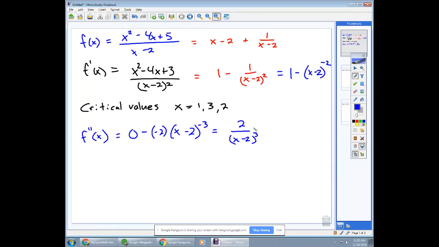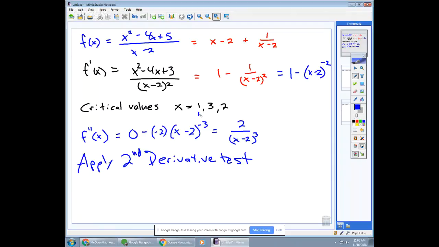So the main reason I'm going to use this is for the second derivative test, which is used for checking maxes and mins. So I'm just going to apply the second derivative test here. And the second derivative test applies to your critical values.